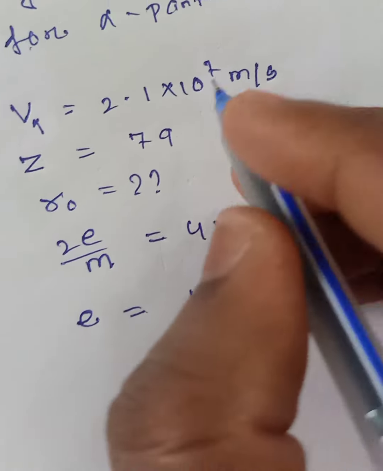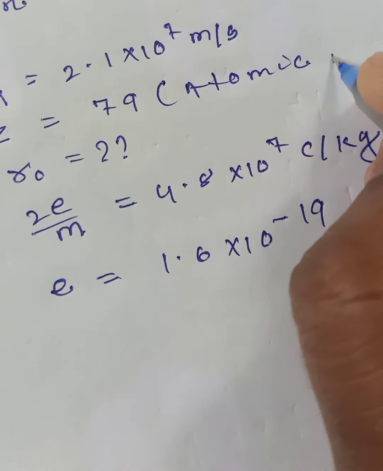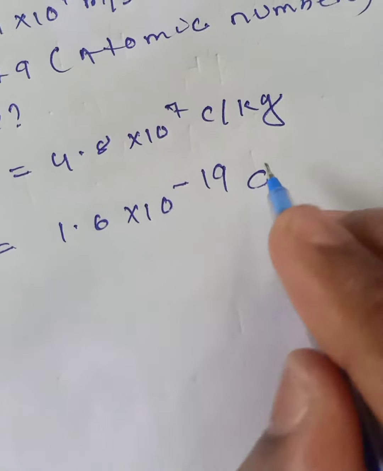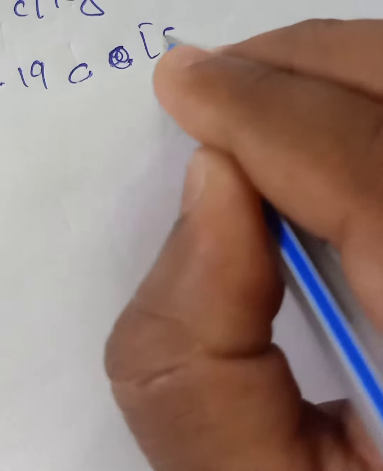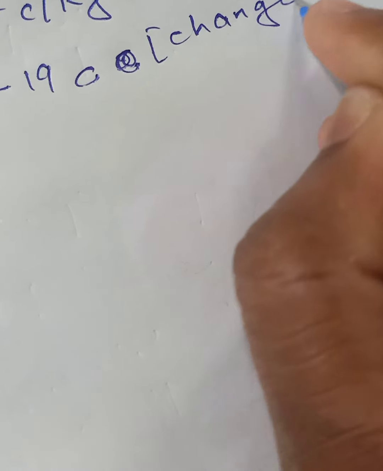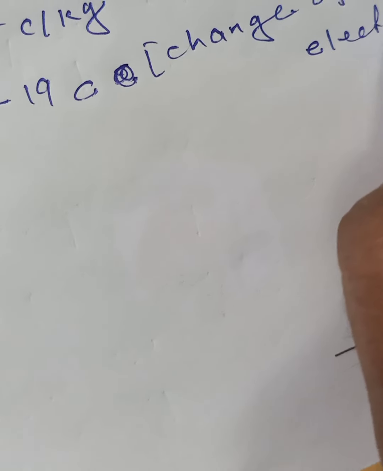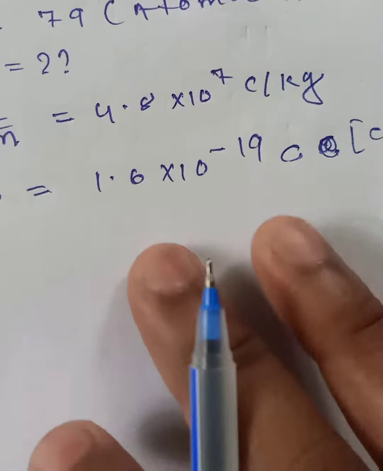Z is equal to the atomic number. So E means charge of an electron.